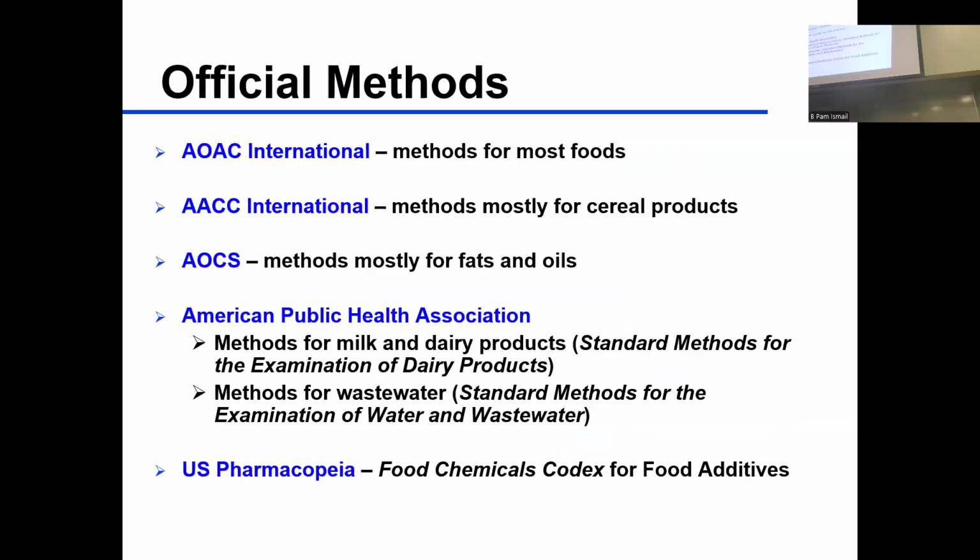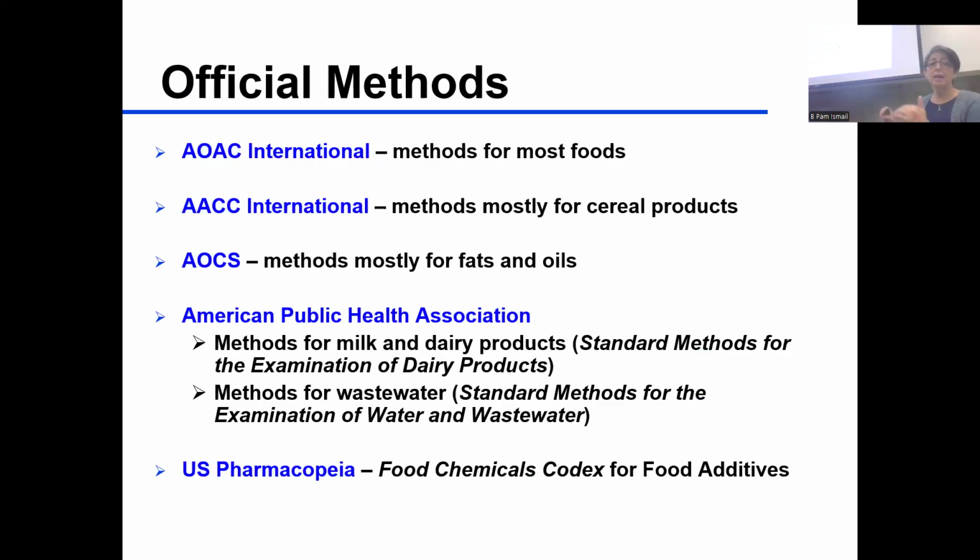The official methods of analysis can come from different organizations. The AOAC is called Association of Official. It used to be Analytical Chemists; it became Agricultural Chemists. They just changed that word, but the abbreviation remained the same.